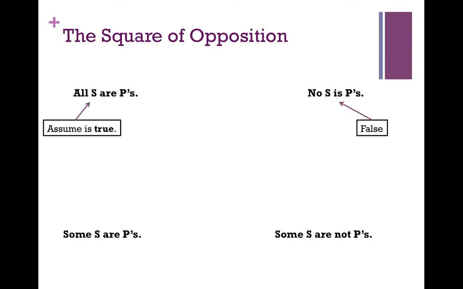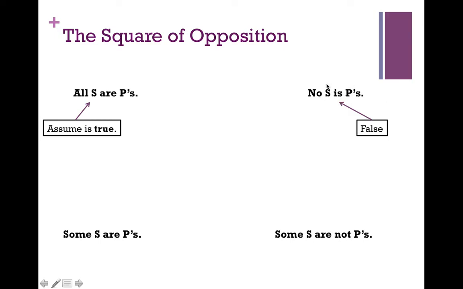But it goes in the other direction as well. For if we were to assume, and I don't have a slide on this, that no S is P, assume this is true. So assume that no student in the class is smart. Could it also be the case that they're all smart? That doesn't seem to make sense either. If none of them are smart, it can't be true that they're all smart. So if an A form proposition is true, that requires that the E form proposition is false.